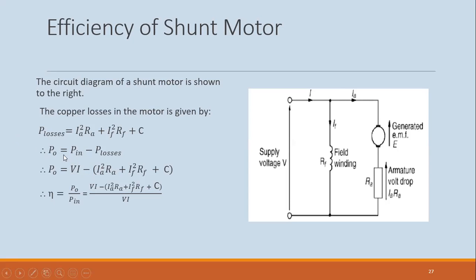So P out is equal to P in minus losses. So it's P in minus, in brackets now, IA square RA plus IF square RF plus C. Right? So you probably notice that almost kind of inversion. So efficiency then, P out over P in, VI minus that, so all of the P out up top here over VI.